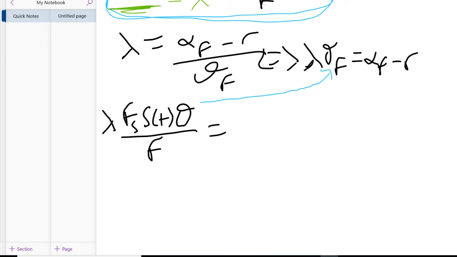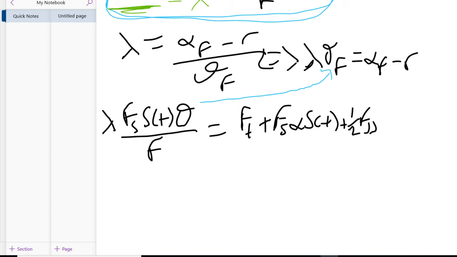Equals, and then we have the formula for alpha underscore f, which was the first derivative with respect to t plus the first partial derivative with respect to s times alpha s t plus 1/2 the second partial spatial derivative times sigma squared s squared, and again all divided by f.